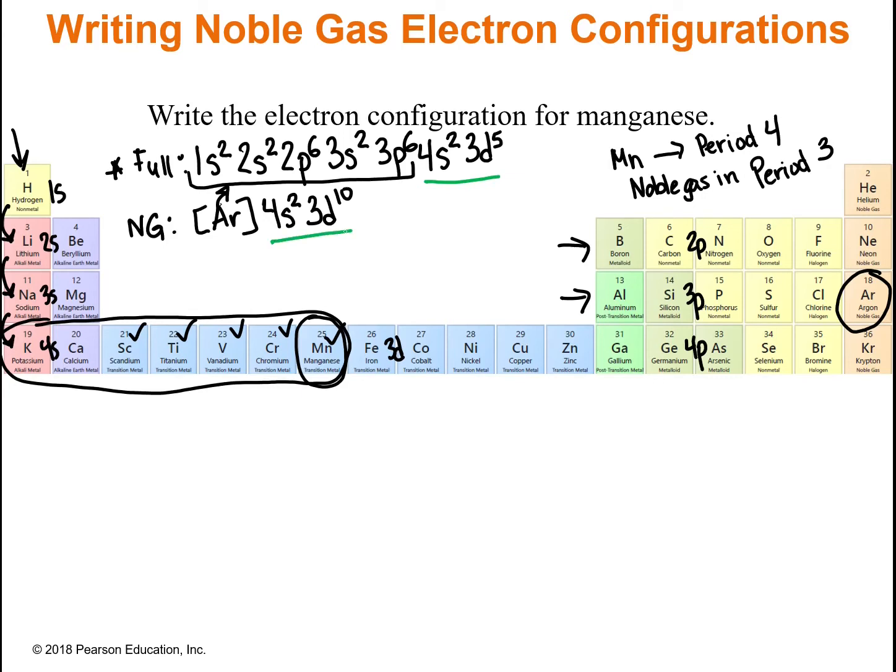That's the noble gas configuration. Again, this is chapter 5. So you will not see the noble gas configuration on the exam this week, but it will be on exam 3. So how do we feel about that?